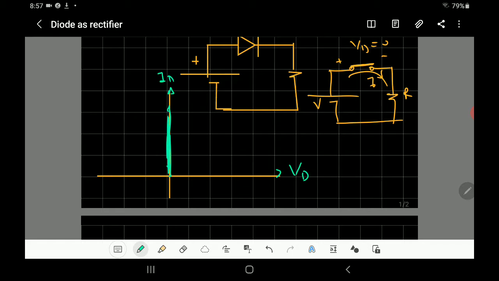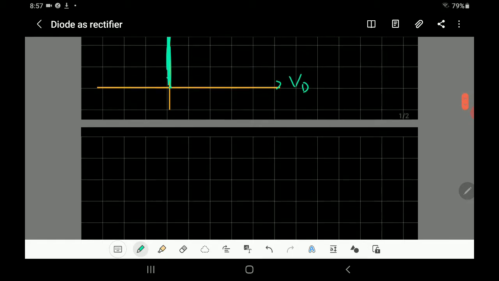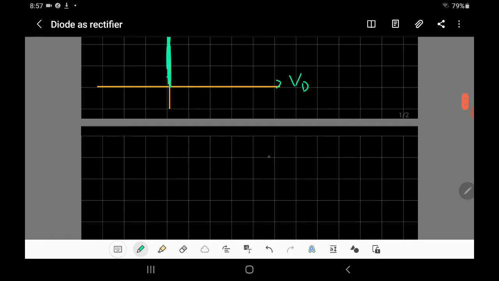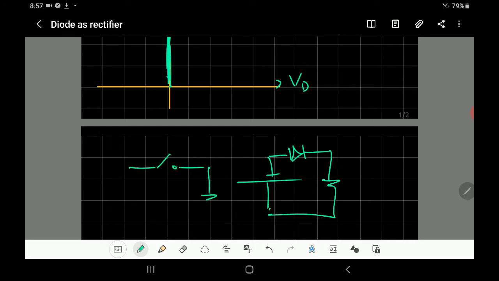However, if you do it reverse biased, when you connect the diode as negative and positive, it will be represented as an open circuit. When it's connected in reverse bias in this way, the current will be equal to 0, and the voltage across the diode will be the same as the voltage of the supply.